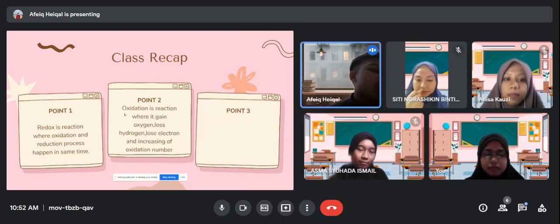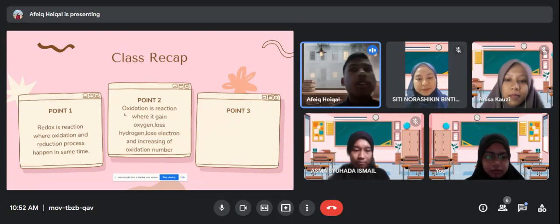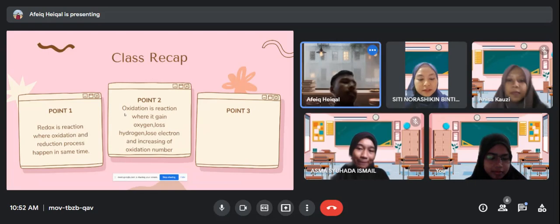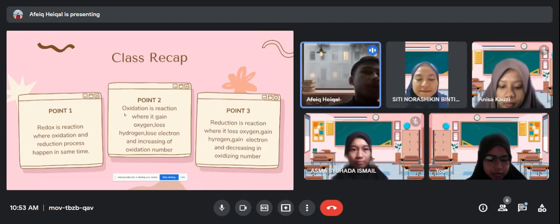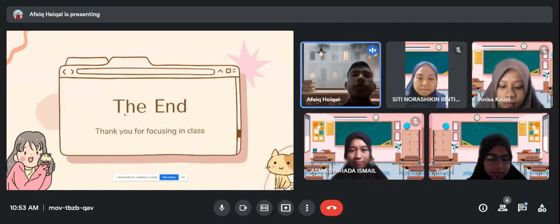Okay, that's true. And the last I want to ask Chicken, what do you understand about the reduction reaction? I think reduction is a reaction where it loses oxygen, gains hydrogen, gains electron, and decreases in oxidation number. Okay, that's also true. Give claps for you all.